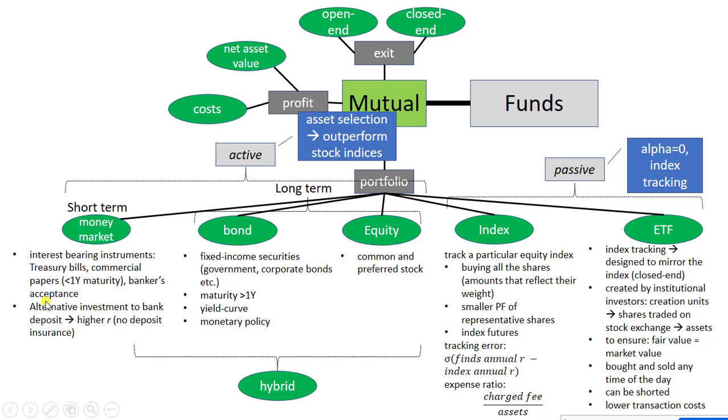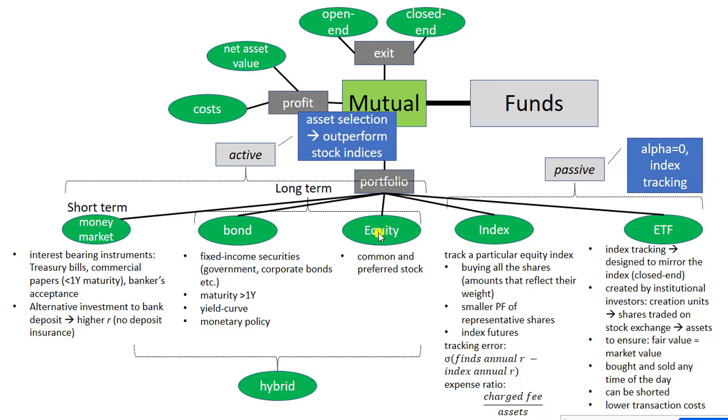Okay, we can see equity funds. In this case, they can focus on common and preferred stocks. Usually they are using some kind of beta strategy, looking for low beta assets and high beta assets, and if they see that the market is more turbulent, then they are increasing the low beta assets in their portfolio, so that's why they can reduce the risk.